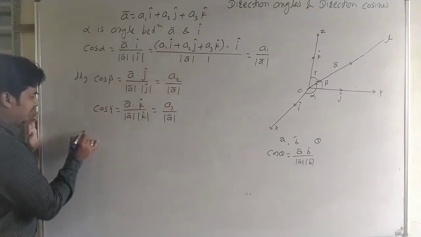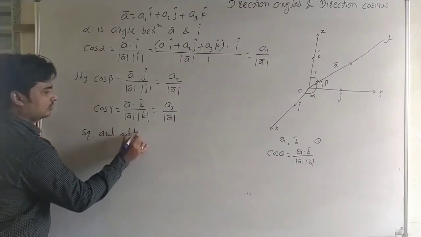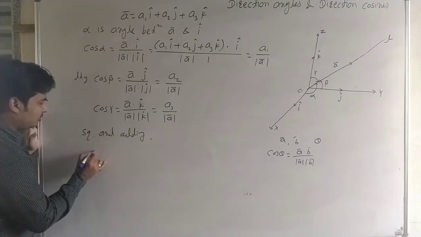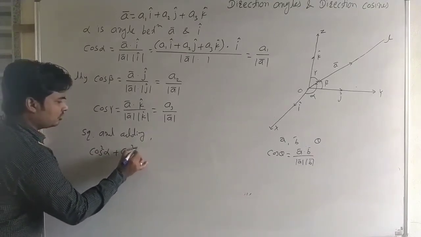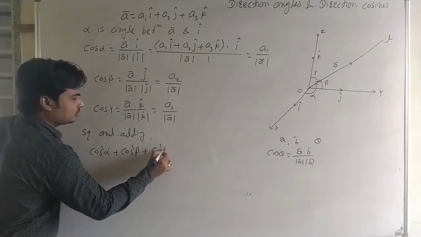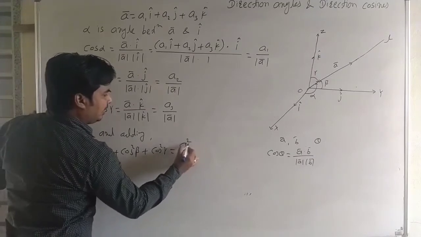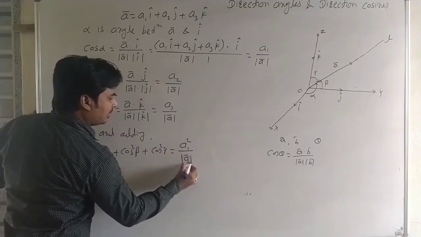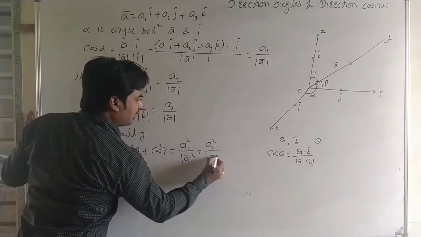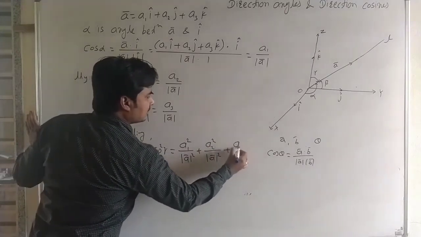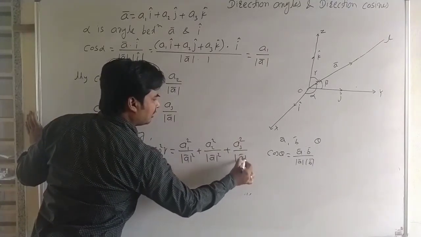Now squaring and adding, we get cos square alpha plus cos square beta plus cos square gamma is equal to a1 square upon magnitude of a bar square plus a2 square upon magnitude of a bar square plus a3 square upon magnitude of a bar square.